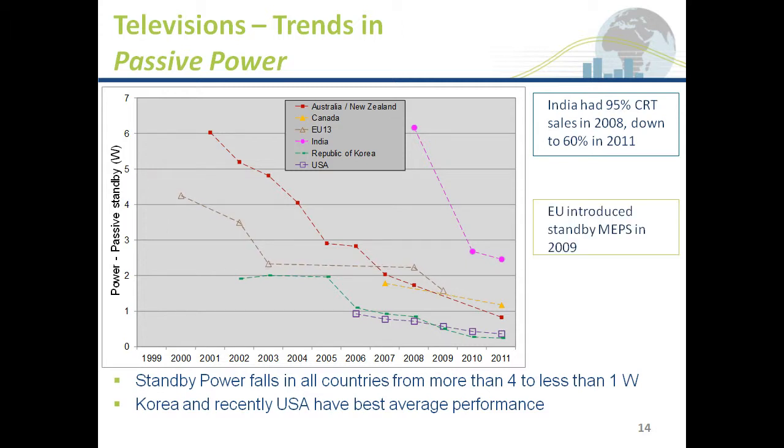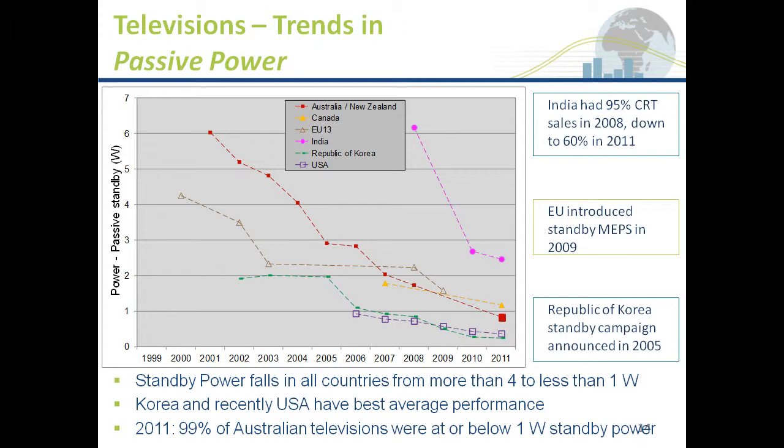The EU results possibly show between 2008 and 2009 the effect of the standby minimum requirements, so that could account for that last drop in the EU data. But it does seem that there's a correlation between the standby power shown by the Korean televisions up to 2005, followed by a very significant drop. 2005, if you remember, is when that campaign, the comprehensive policy campaign in Korea, was started.